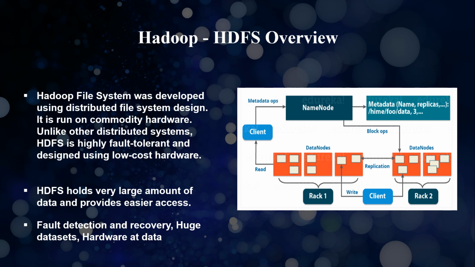Metadata can also be the file name, size, and the information about the location, like block number and block IDs of data nodes, that the name node stores to find the closest data node for faster communication. Name node instructs the data nodes with operations like delete, create, replicate, and so on.